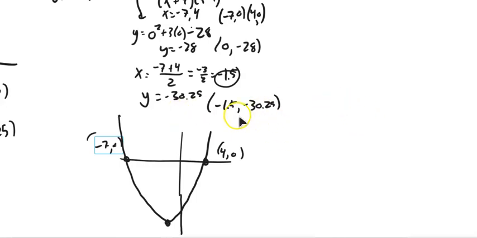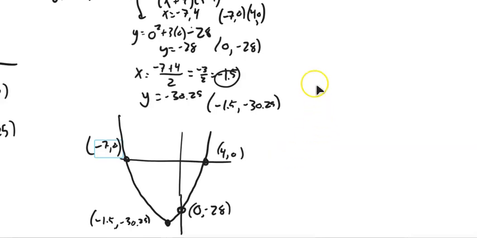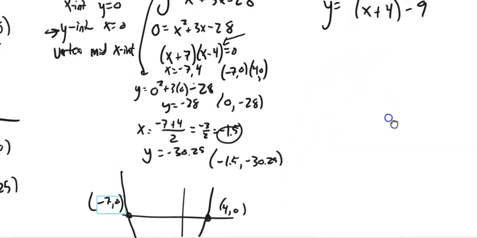My vertex is this point. And my y-intercept, I found it up here, is 0, negative 28. Everything seems to be reasonable. So that would be my sketch of it. Cool. So that would be it.